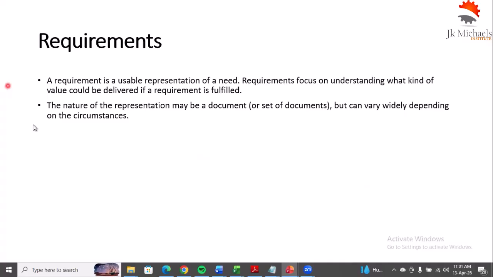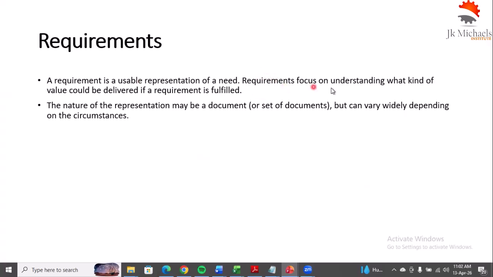Now, what a requirement means is that we have been able to understand, properly define, and represent the need in a way that allows us to perform the business analysis work, the transformational work.